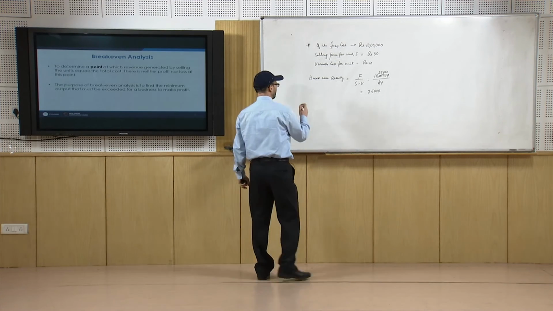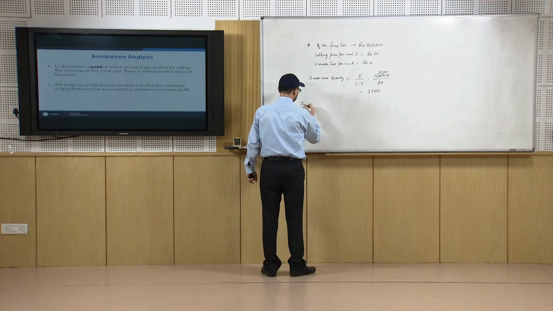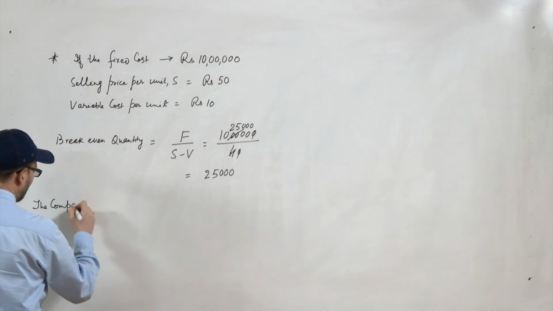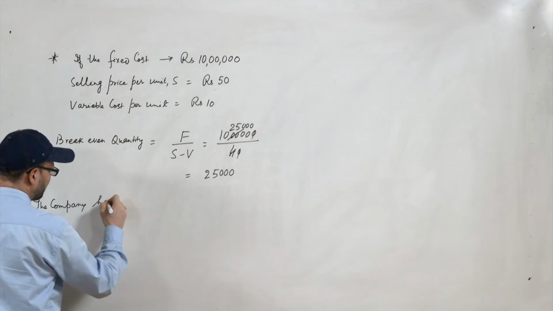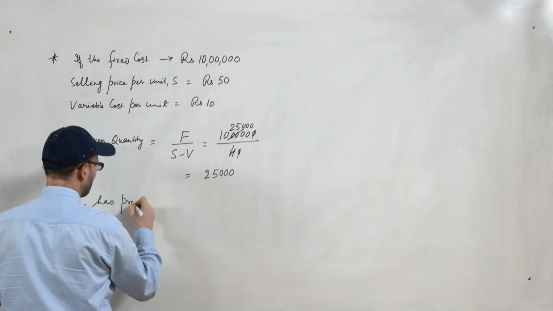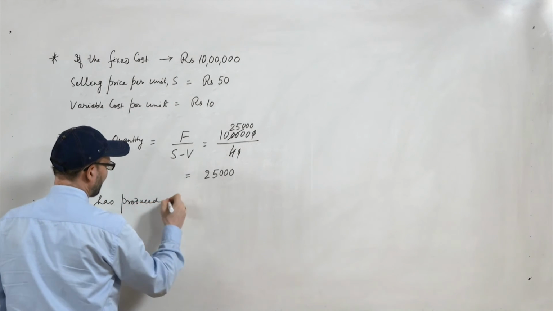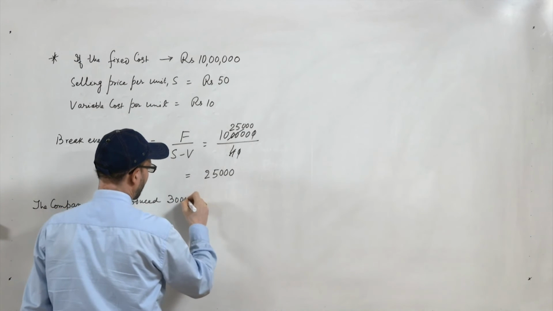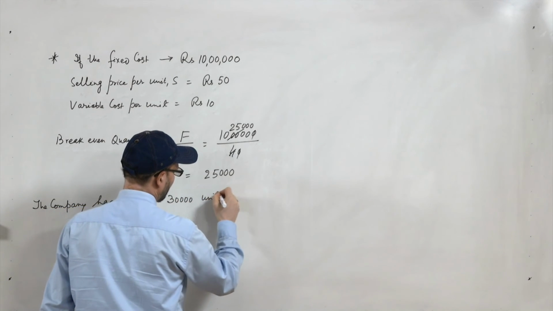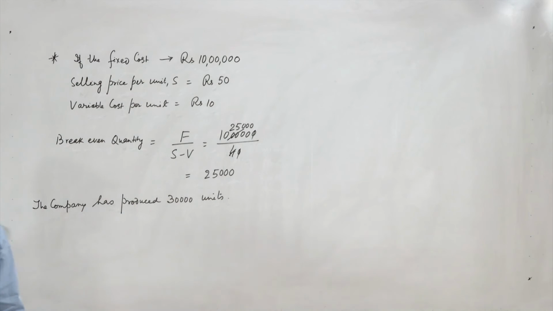Now, let us say the company has produced 30,000 units. In that case, what will be the profit of the company?